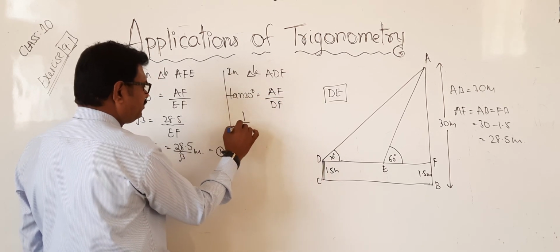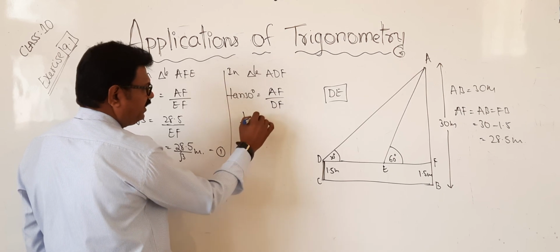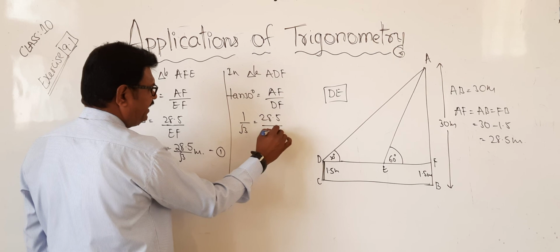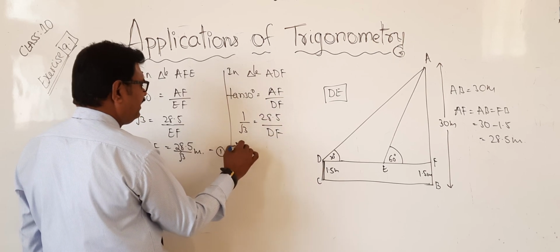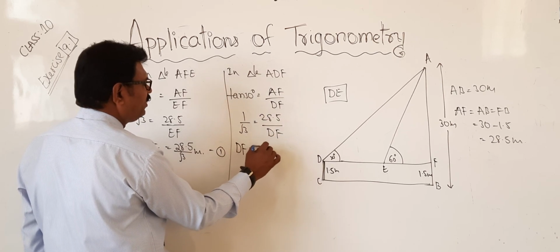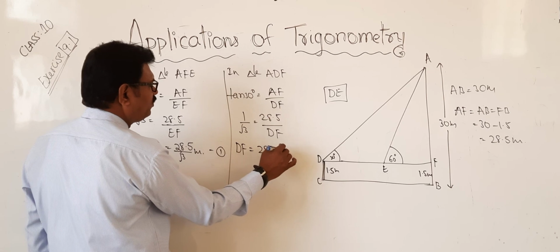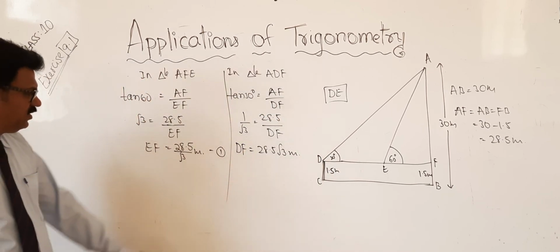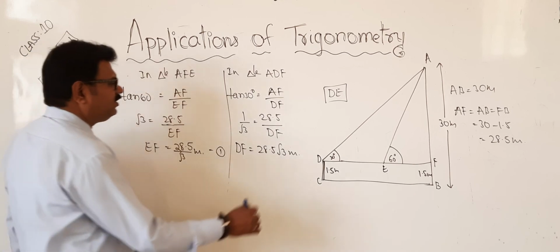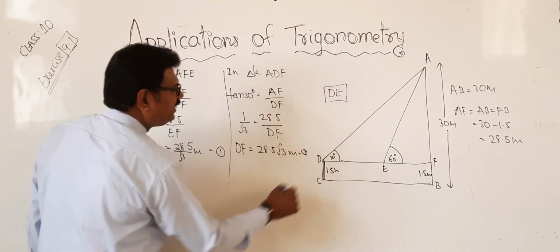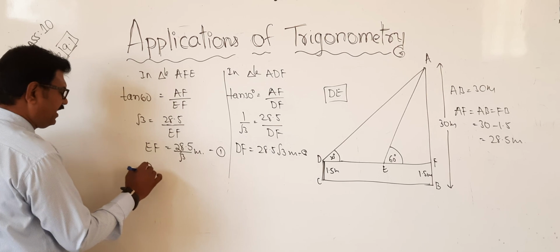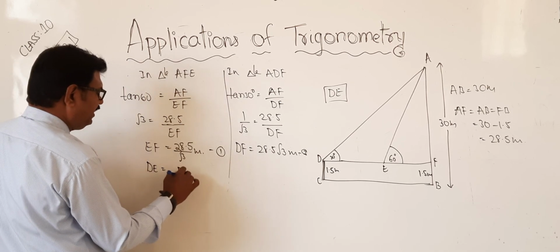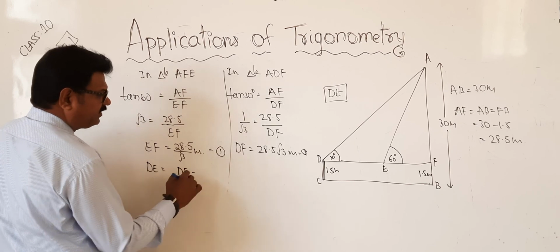Tan 30 is 1 by root 3, equal to 28.5 divided by DF. Therefore, DF equals 28.5 root 3 meters. Any doubt? Okay. Now we want DE. Therefore, you can write down DE equals DF minus EF.